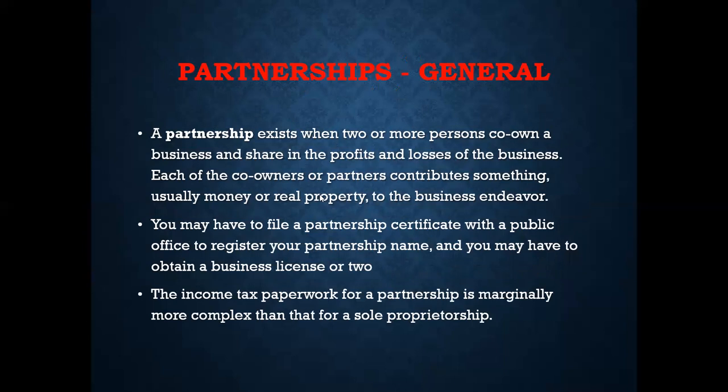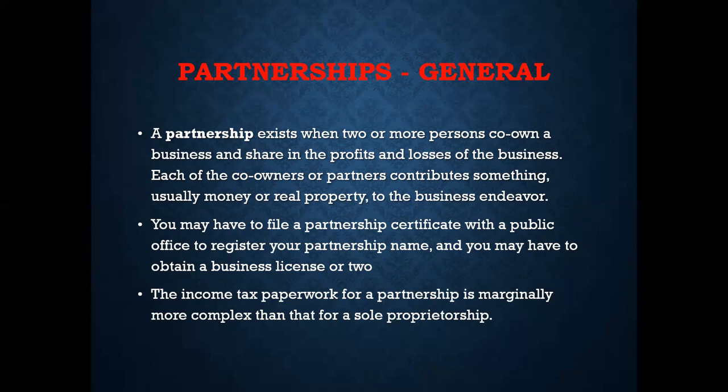Partnerships. A partnership consists of 2 or more persons who co-own a business and share the profits and losses of the business. Each of the co-owners or partners contributes something, usually money, real estate, or something of value.